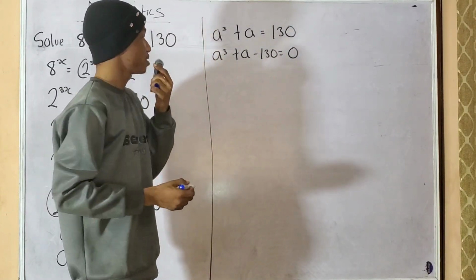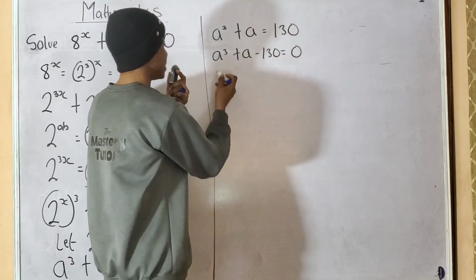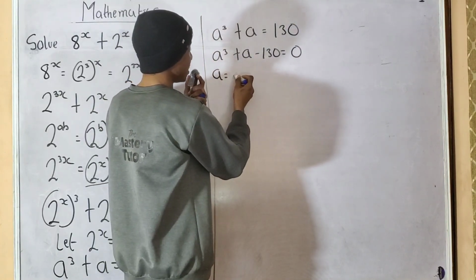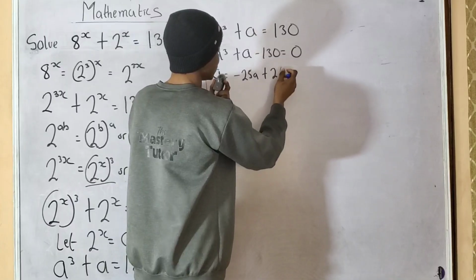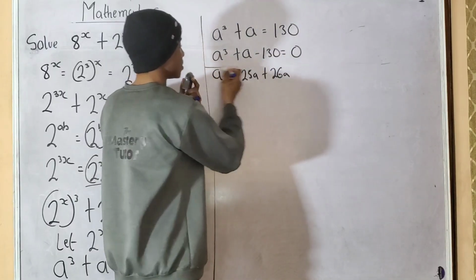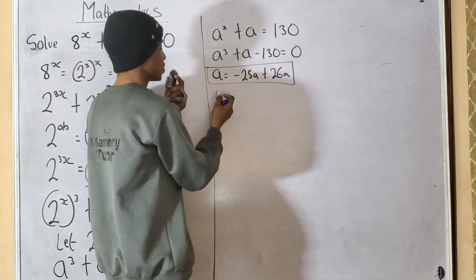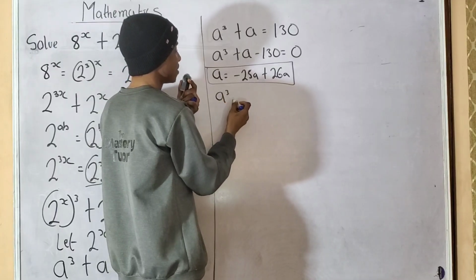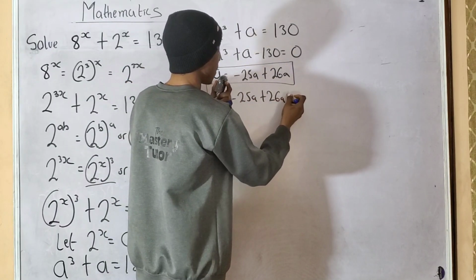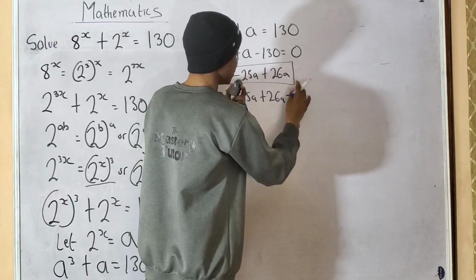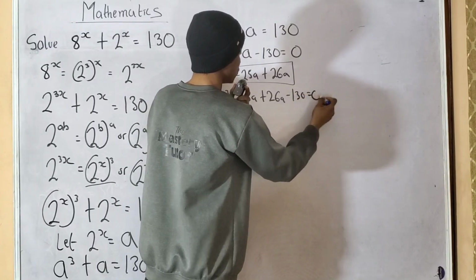Are you following? Okay. Don't forget that a can be written as negative 25a plus 26a. So I'm going to replace the value of a as this. So the equation becomes a raised to the power of 3 minus 25a plus 26a minus 130 equals to 0.